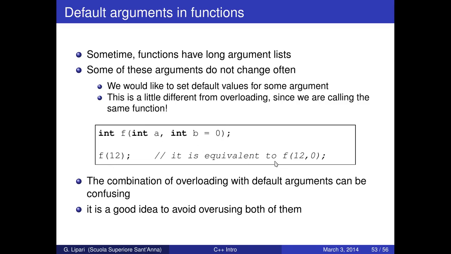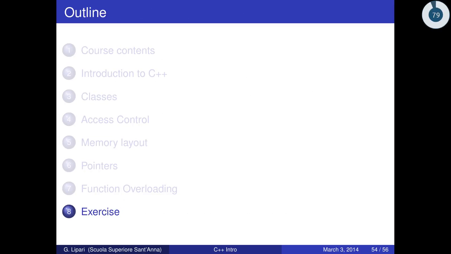Okay, so this is equivalent to f(1, 0). And of course you can also call f with two arguments. In that case, the value passed is the one that is used. Now, the combination of overloading with default arguments can be very confusing for programmers. So it's a good idea to try to avoid as much as possible overusing overloading and default arguments. So when you can, try to reduce to the minimum the use of default arguments and the use of overloading.